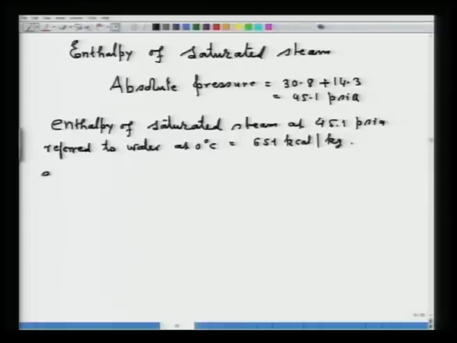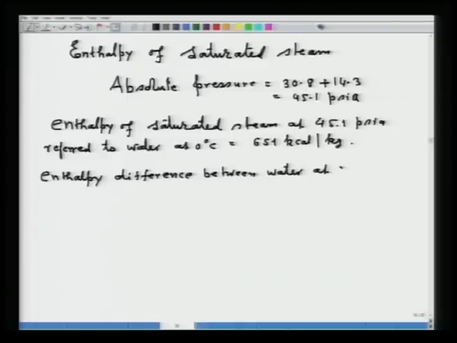Now, the enthalpy difference, because you are supplying at 25 degree Celsius. The enthalpy difference between water at 25 degree Celsius and at 0 degree Celsius is equal to 24.94 kilocalorie per kg.